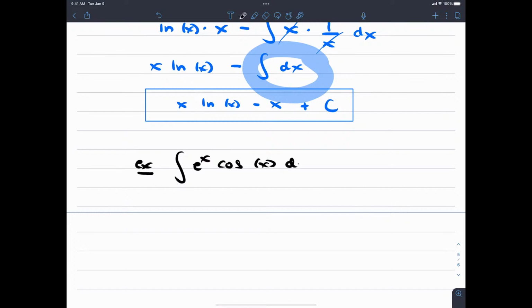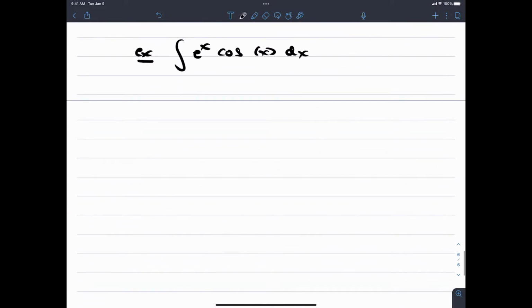This is a classic question. You have a product of two functions again. But then again, you say, what is u, and then what is dv? Now, here's the problem here, right?